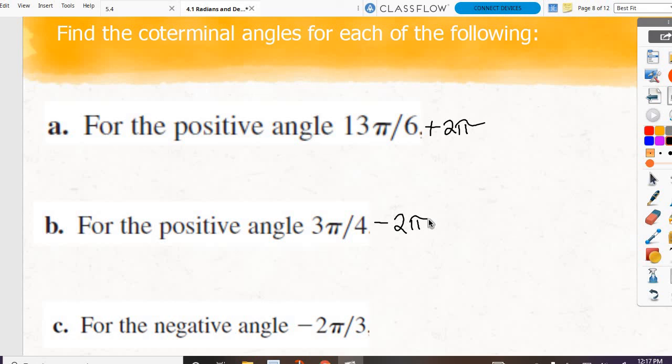We have a fraction here, right? So how do we add things that are fractions together? They have to be the same denominator. Correct. Does our 2 pi have the same denominator as my 13 pi over 6? No. So what would we do? Multiply by 6. Just 6? No. So how do I make my 1 in my denominator a 6?